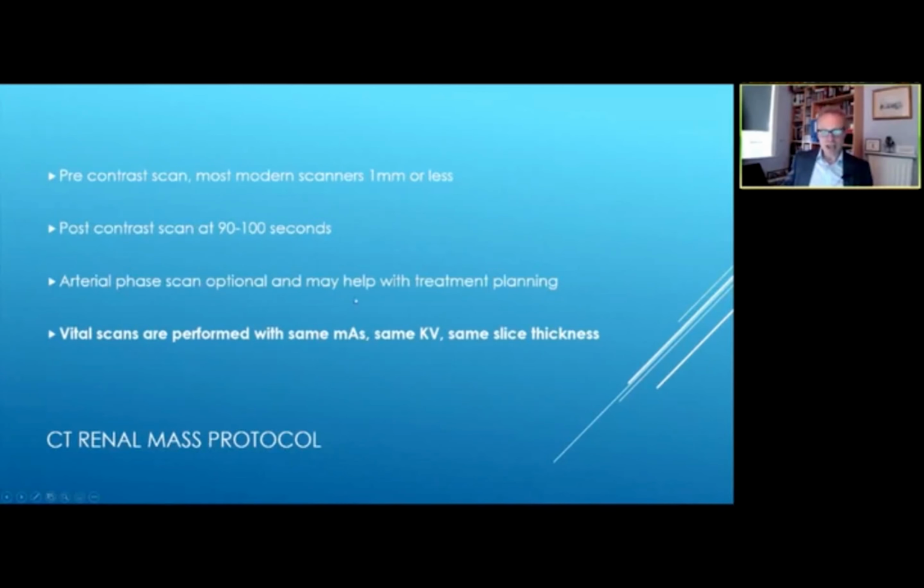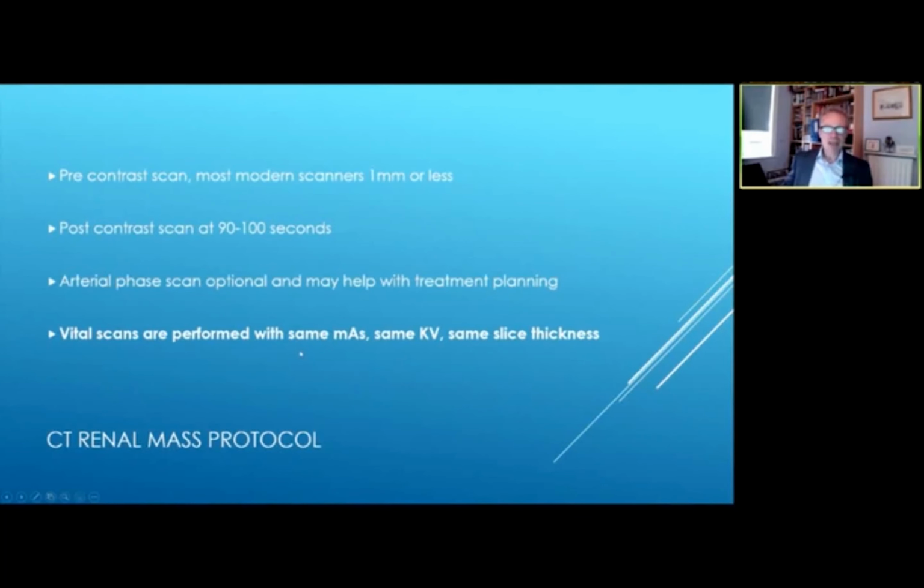Arterial phase scan is useful, particularly if Mr. Thomas is saying he wants to do a partial nephrectomy and wants to see where all the vessels are. And you can do some nice, elegant coronal and sagittal and even 3D reconstructions if you feel that's helpful. It's vital that the pre- and post-contrast scans are performed with the same tube current, same kV on the scanner, and same slice thickness.